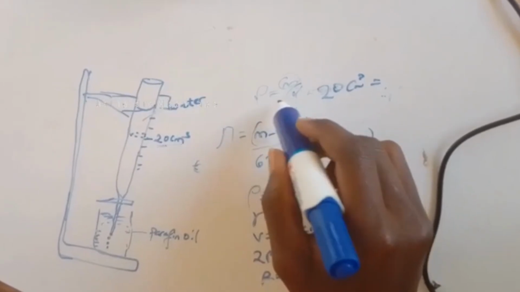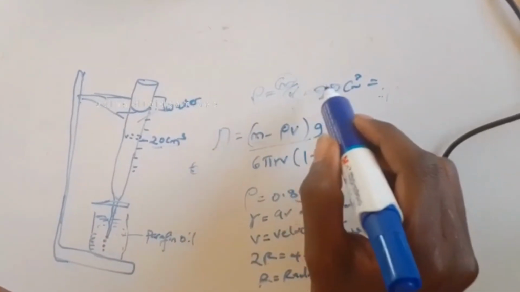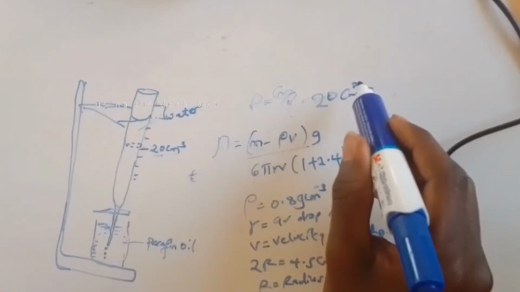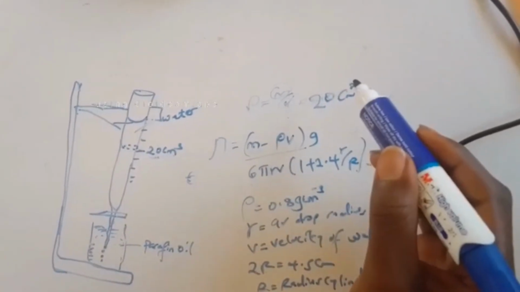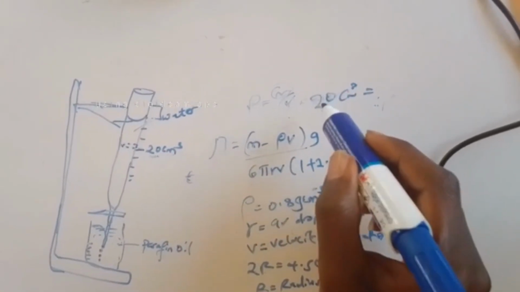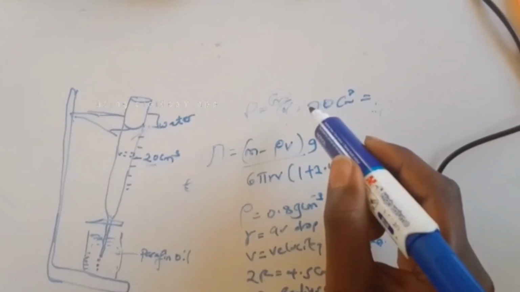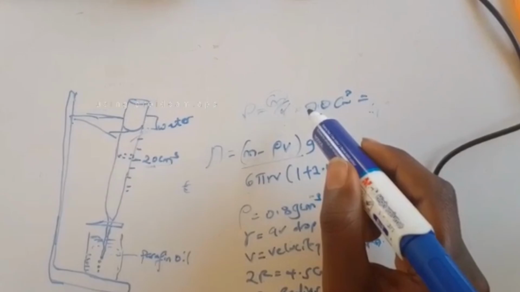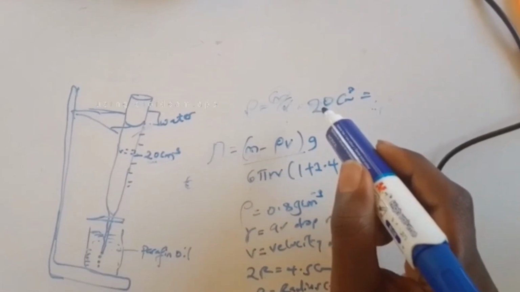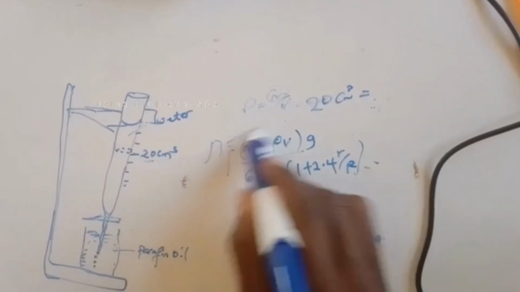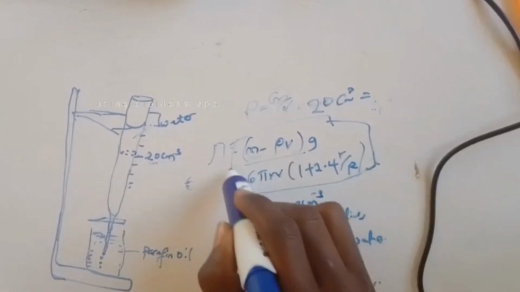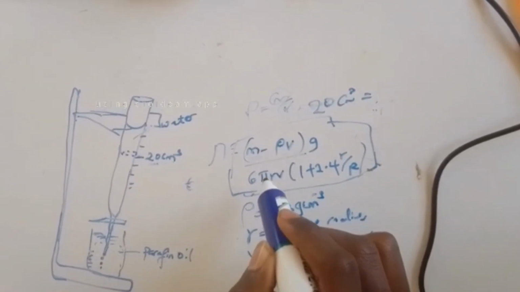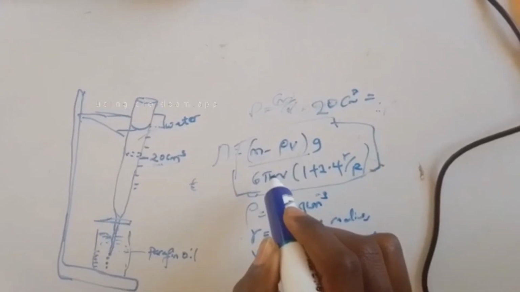You know very well that the density of water is 1 gram per cubic centimeter. You can use that to find the mass of water. After all, you'll be getting all the values, then you'll be inserting them into this particular equation. Therefore, you will find your coefficient of viscosity using Stoke's law.